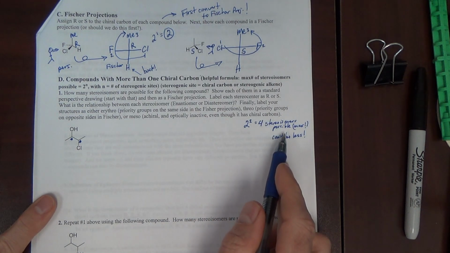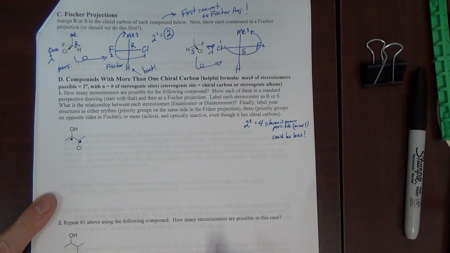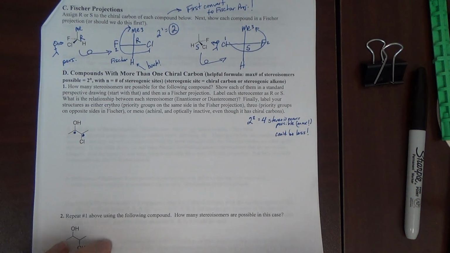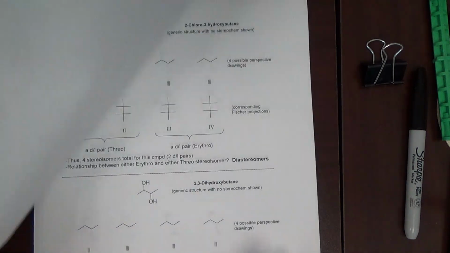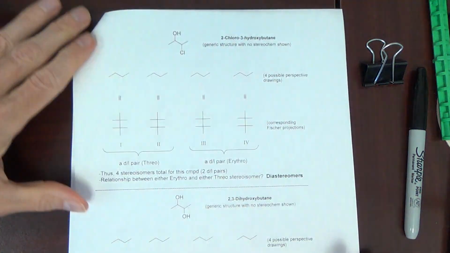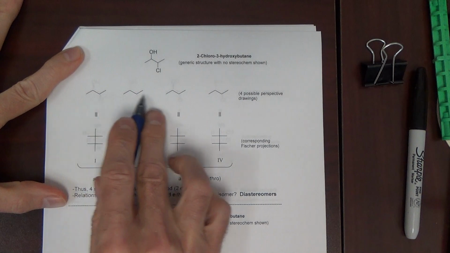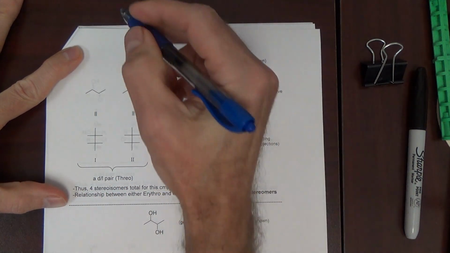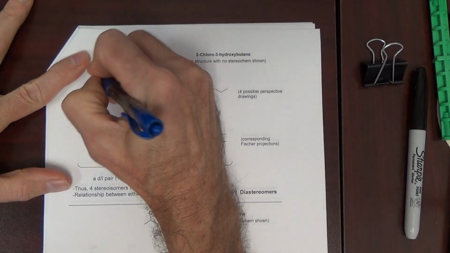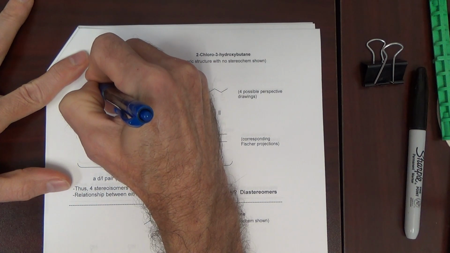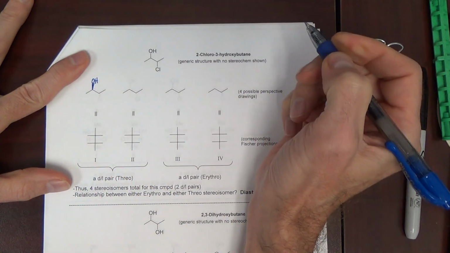Let's draw the 4 possible ones here. Now this is actually kind of set up for us on a page back here. Same molecule. This is going to be our 4 stereoisomers. And we can draw maybe the OH bolded. All right.